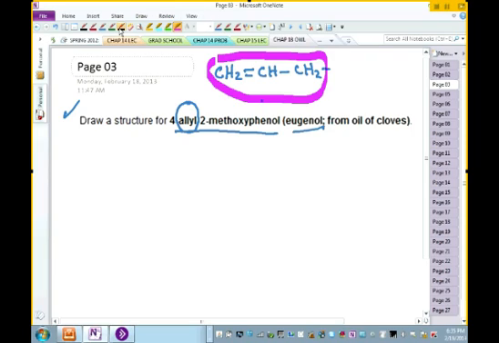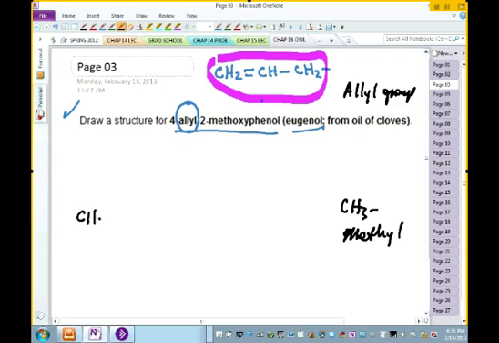Okay, that's what we call an allyl group, just as we say this is a methyl group. That is an allyl group, so you need to know that.